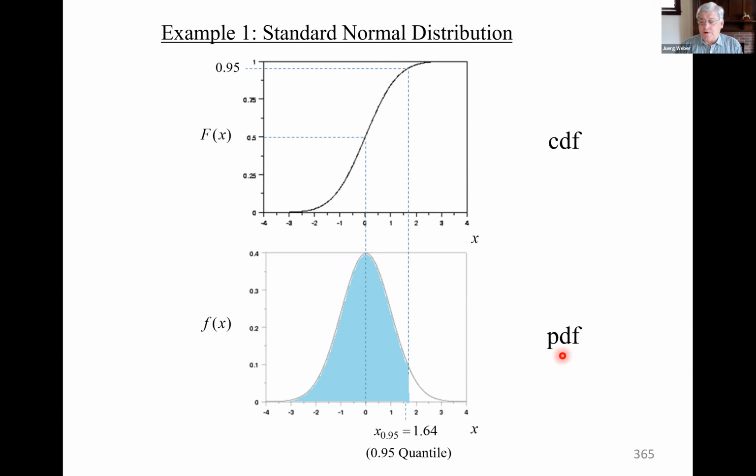You see, you go here from the PDF to the CDF through integration. Integration brings you from down here to up here. So that's why it's called probability integral transform. We transform the variable x, we integrate, that's the CDF, and then we have the transformed variable Z, and that one is uniformly distributed.